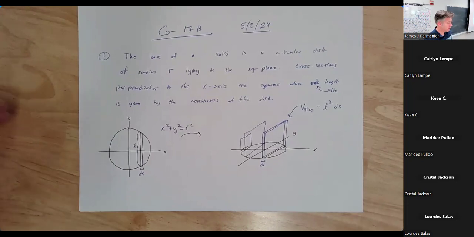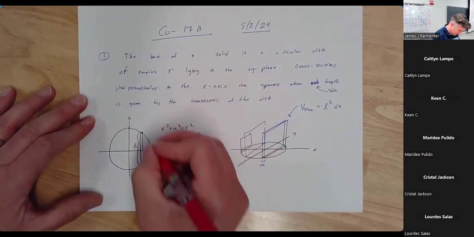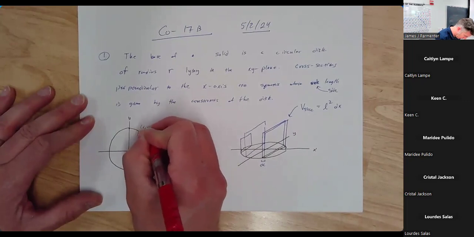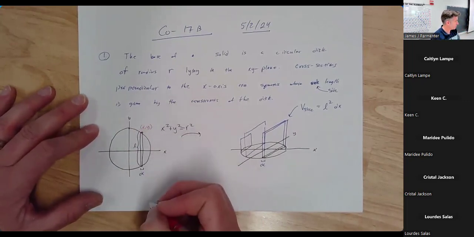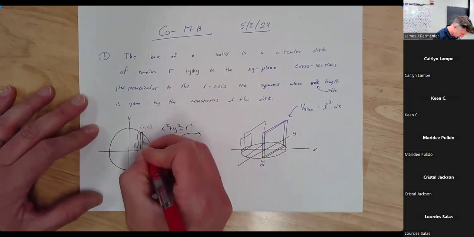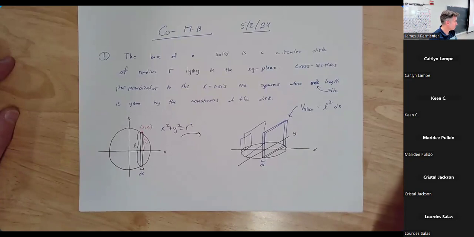That's the typical equation of a circle whose center is at the origin with radius r. And this point right here is the point x comma y. So the length of this strip is twice however high y is.